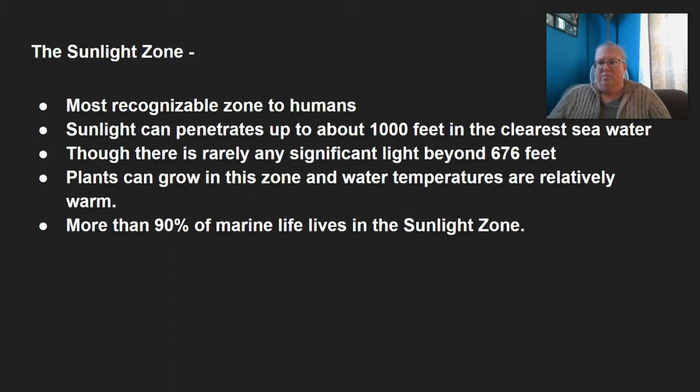They're life sustainable. It doesn't get super duper cold until you go beyond the sunlight zone. And then more than 90% of all marine life lives in the sunlight zone. So that's where you find the majority of the fish and the jellyfish and sharks, sea fish, coral, clams, that kind of stuff.